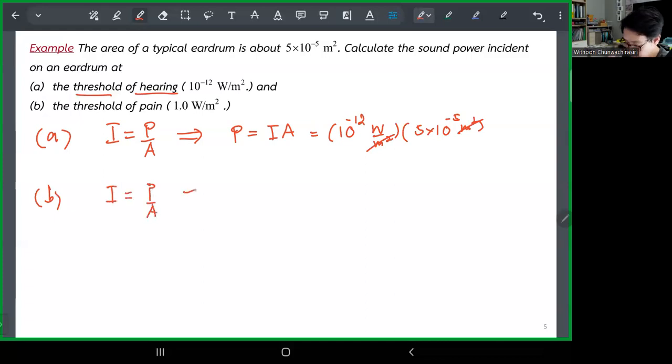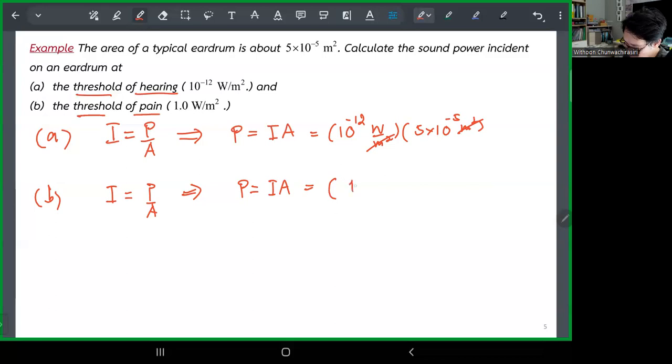Part B is the same thing, the same relationship. The power can be calculated through the product of I and A. But now it's the threshold of pain. It turns out an intensity of about 1 watt per square meter can start to give pain to your ears.